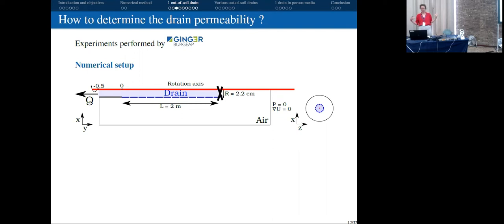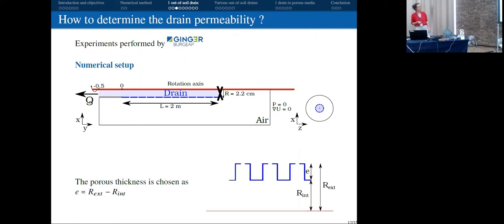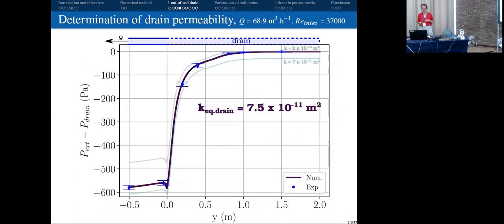So it's a porous wall, in dotted blue, and we have air around the drain. We consider the drain wall as a porous media, so we need a thickness, and we choose the thickness as the difference between the exterior radius and the interior radius.